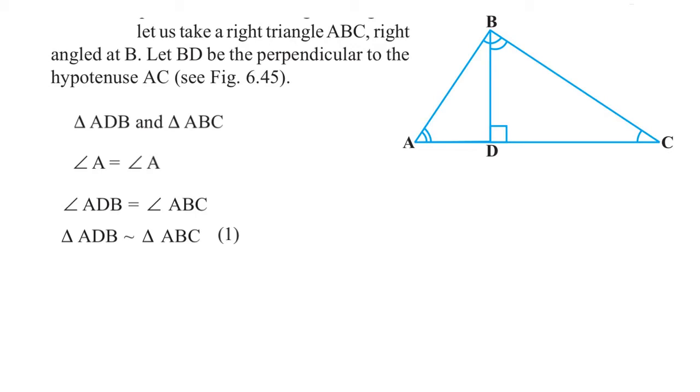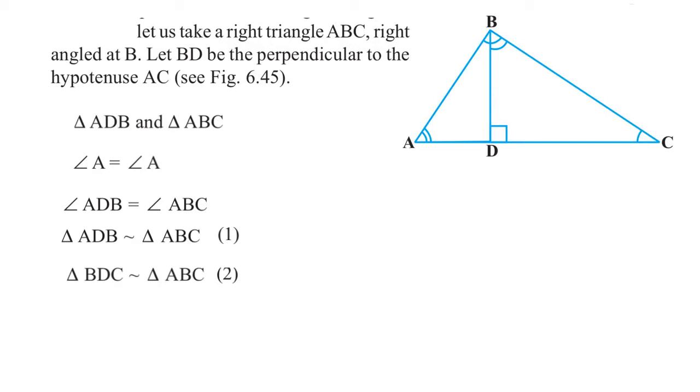So if we consider triangle ADB, similarly what will you have? You will have BDC similar to ABC. Let's label that as equation 2. So triangle ADB is similar to ABC and triangle BDC is similar to ABC.